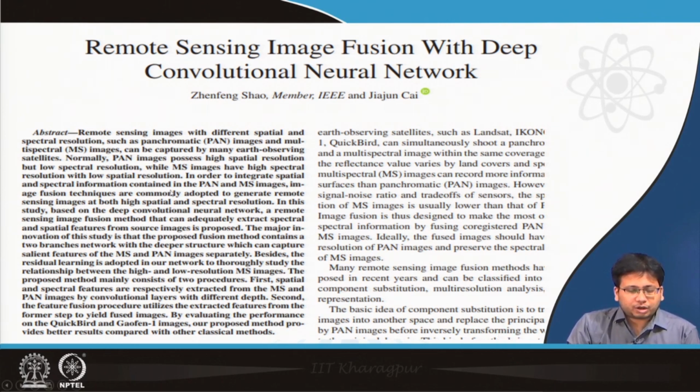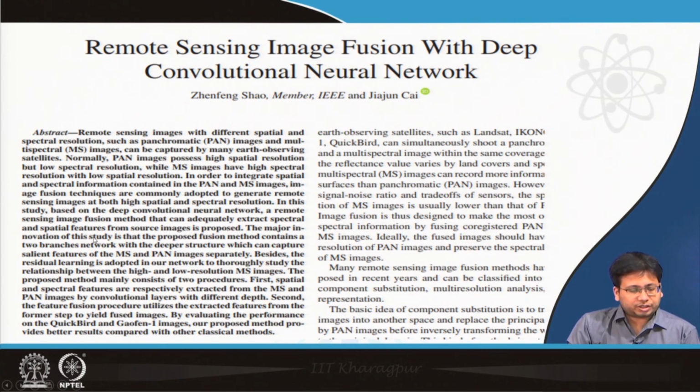So, the previous work was about fusion of hyperspectral and multispectral. This one is about fusion of panchromatic and multispectral. In this study, based on deep convolutional neural network, a remote sensing image fusion method that can adequately extract spectral and spatial features from source image is proposed.